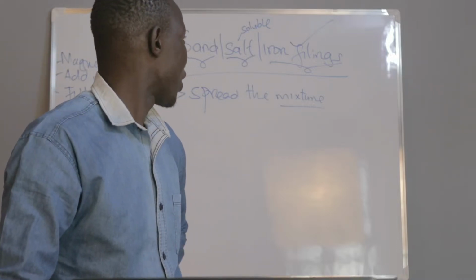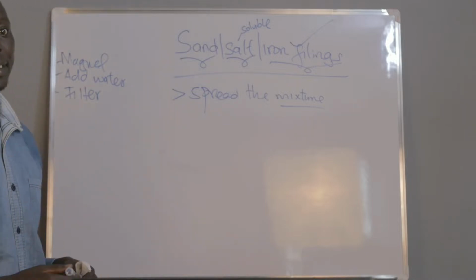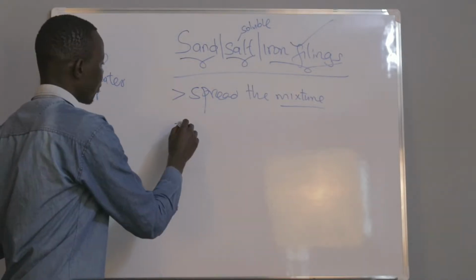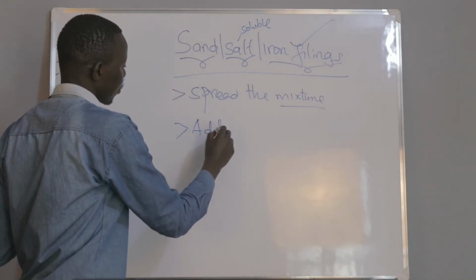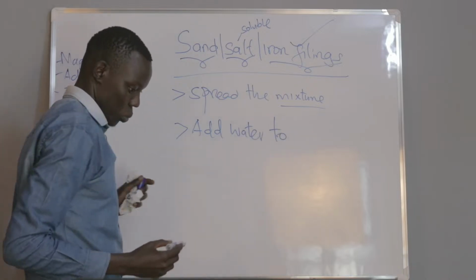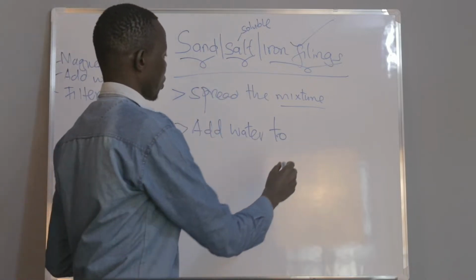That way you will remove the iron filings. Number 2, add water to dissolve the salt.